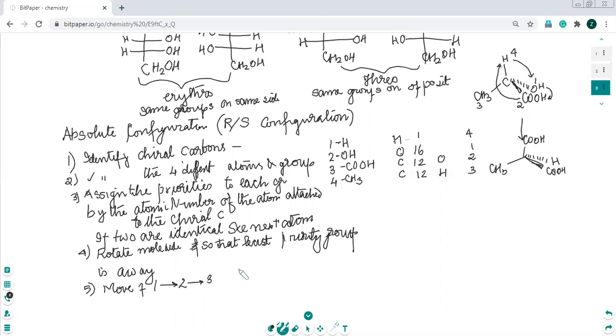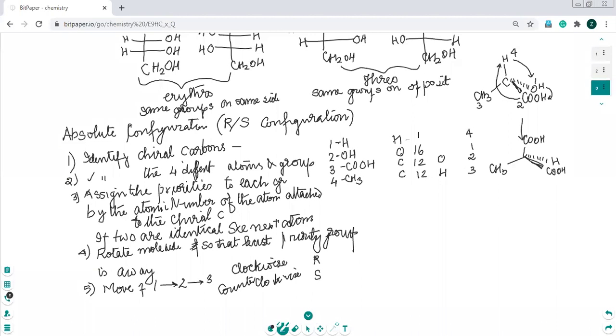If you are moving clockwise, the compound is having R configuration. If you are moving counterclockwise, it is having S configuration.